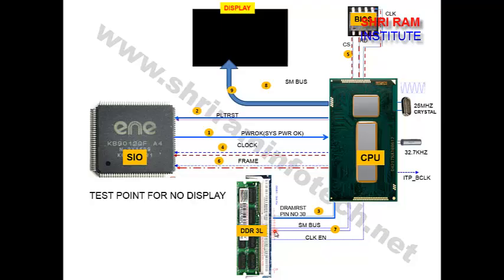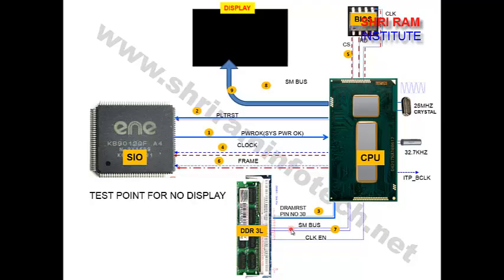The SPD is a chip which holds all the information about the RAM: what is the capacity of the RAM, what is the speed of the RAM, who is the manufacturer of the RAM. So before giving the display, the CPU accesses that SPD, and the SPD tells the CPU all the information about the RAM.